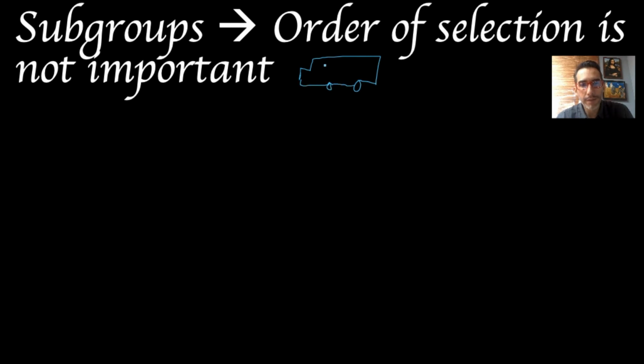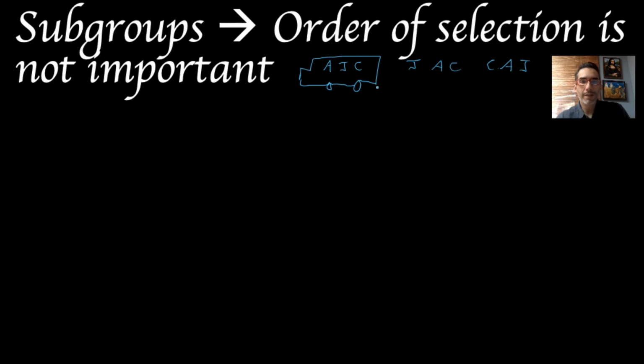And on the first seat, there's gonna be Anna. On the second seat, Jairo. On the third seat, Camila. They can sit in this order, Anna, Jairo, and Camila. But they could also have sat first Jairo, then Anna, then Camila, or Camila and Anna and then Jairo, etc.